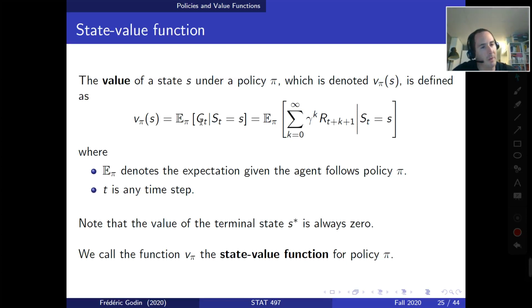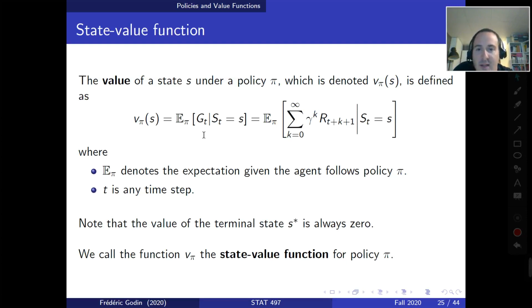But now, of course, we are generalizing what we saw in chapter 2. So we will now define what's the value of a state under a given policy. The value of a state S under a policy pi, which we denote by V pi of S. So here this stands for the value under a policy pi of a state S. It's defined according to the following formula.